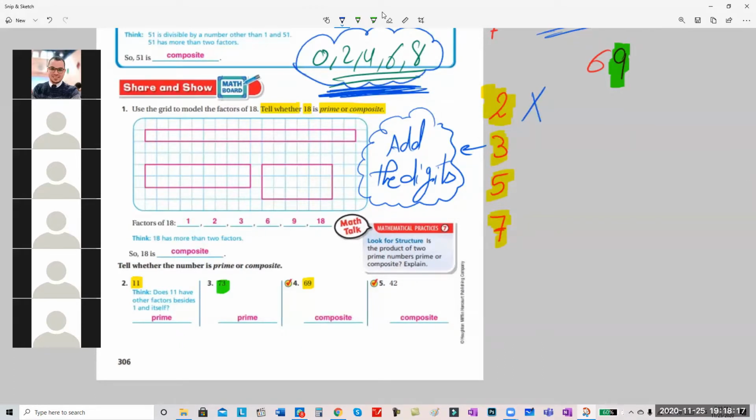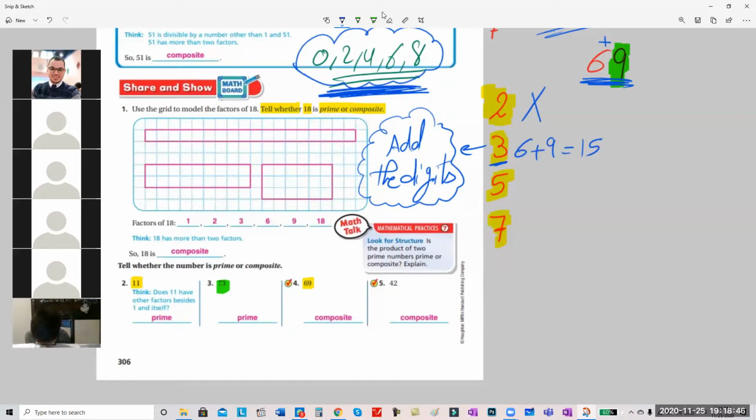Okay. Can we divide this by 3? How can you know? We have to add its digits, right? So add the digits of 69. 6 plus 9 equals 15.